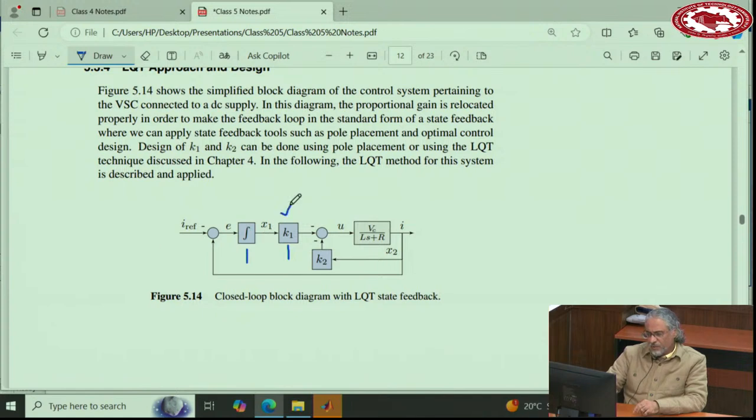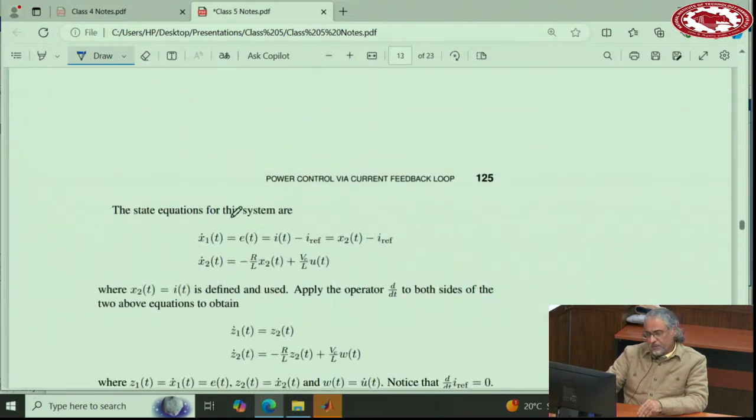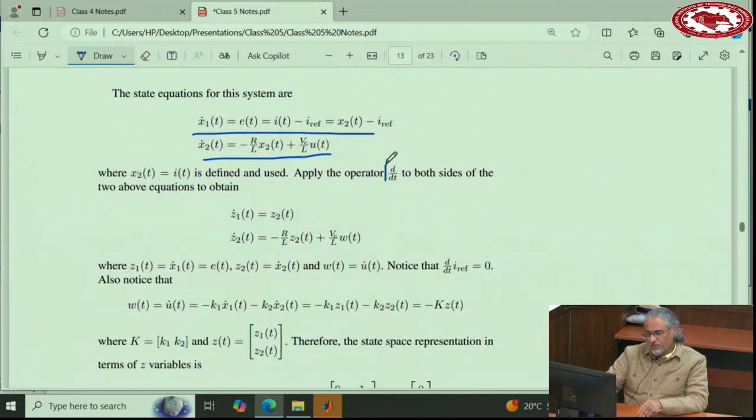So how to find K1 and K2? You can write the equations of the controller and the equations of the plant, put them together, and apply this operator to remove all those DC variables that you don't like, and that actually cause the problem to not become LQR. So you will end up at these two equations, and your state feedback is negative K into Z.